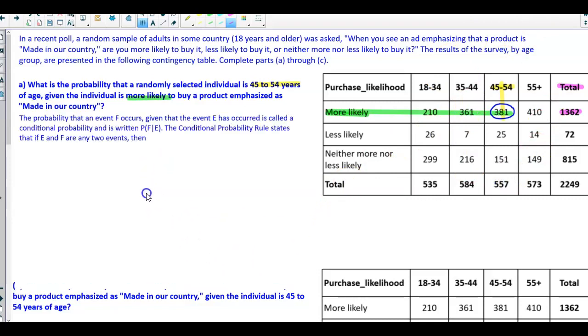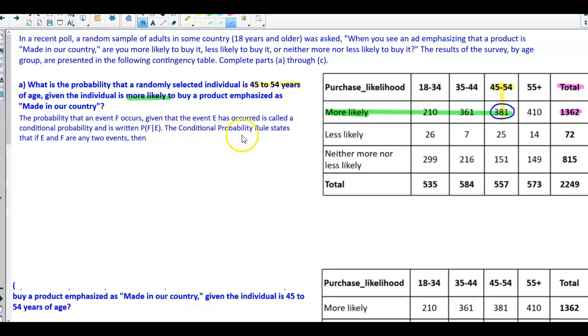The probability that an event F occurs, given that event E has occurred, is called a conditional probability. We would say the probability of event F occurring, provided that E has already occurred.